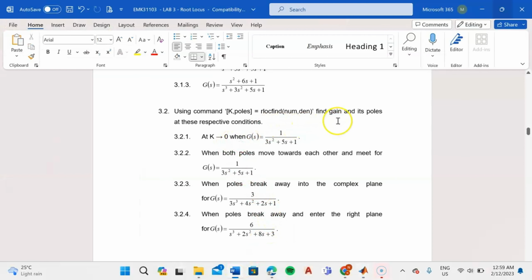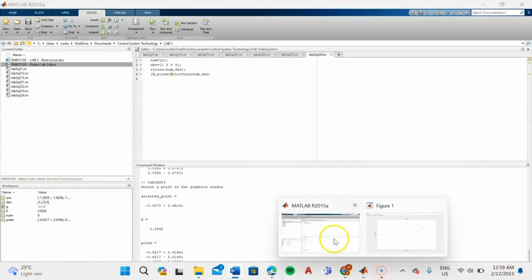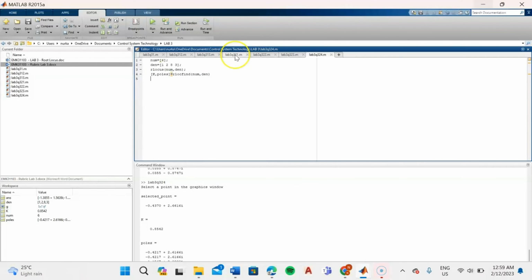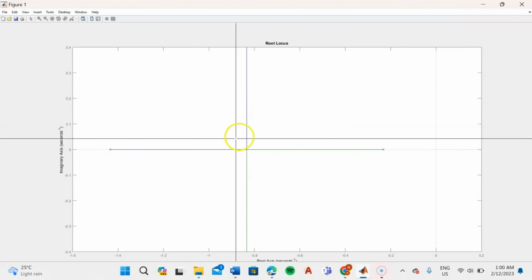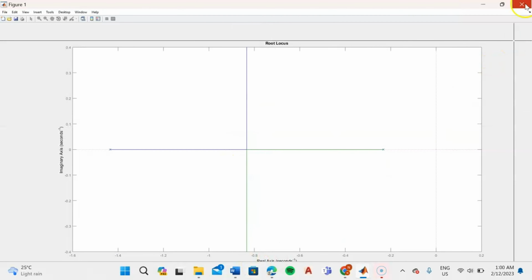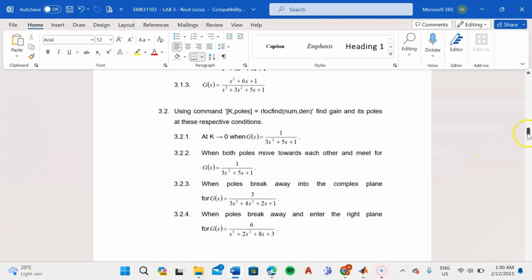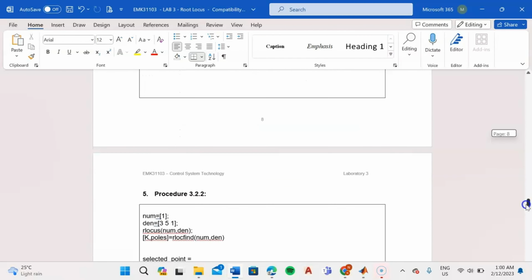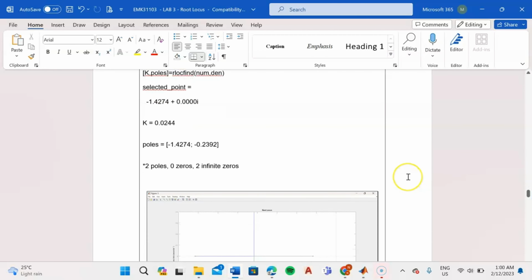Okay, and then for these questions, we need to find the poles. Okay. For questions 3.2.1, I just did in here for the results that I get. 3.2.1.